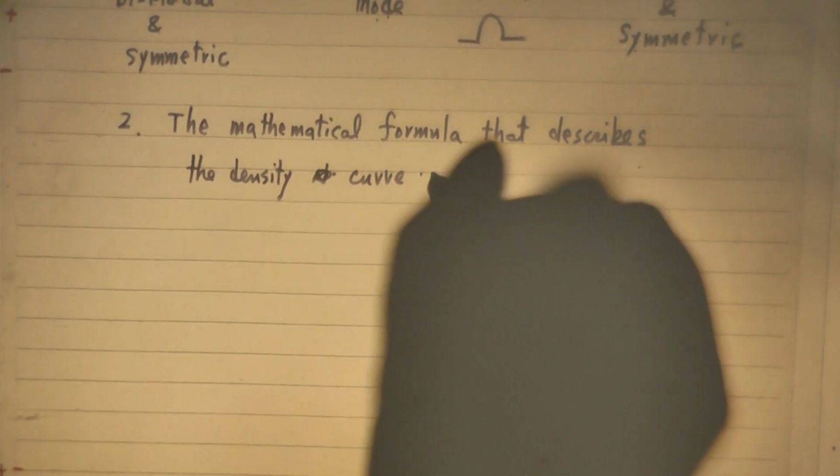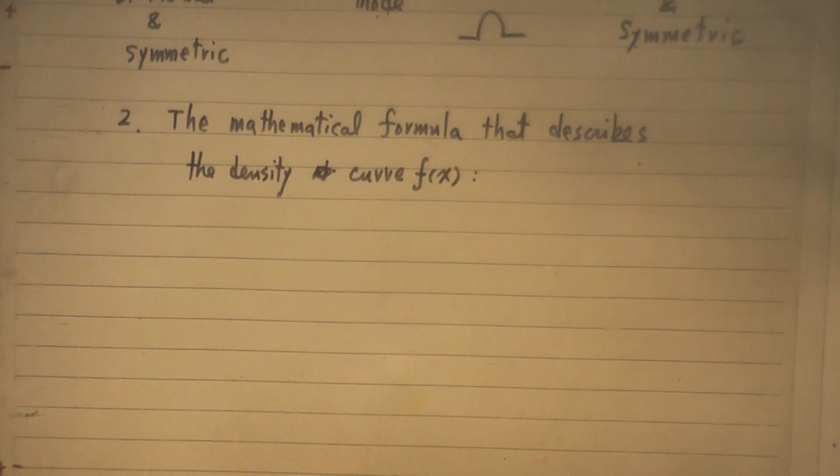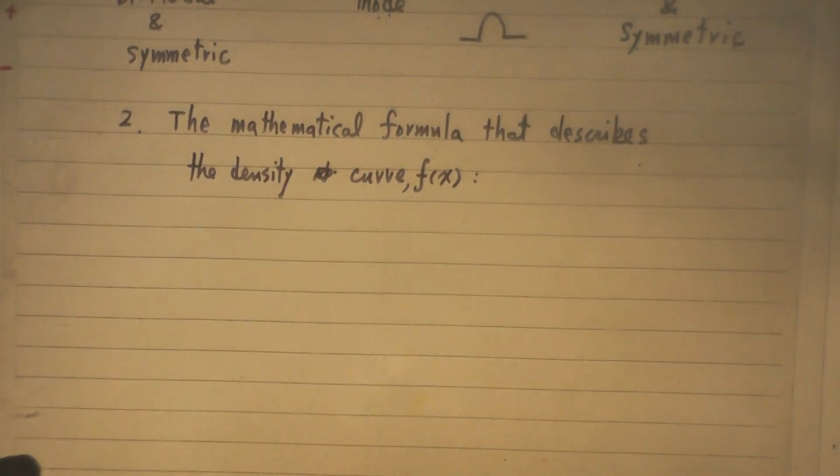We denote the function as f of x. The mathematical formula that describes the density curve, we denote by f of x.